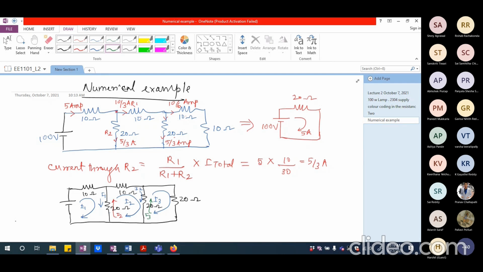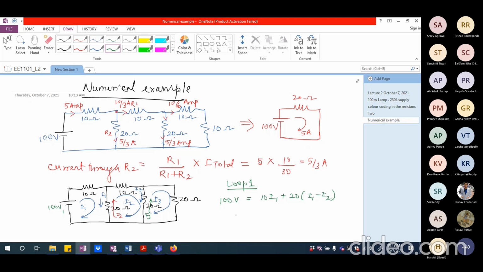So when I write the equation for example, loop number 1, if I may call this I1 current flowing in loop number 1, so loop 1 equation is going to be 100 volts is equal to 10 times I1 plus 20 times I1 minus I2. That is loop 1 equation.